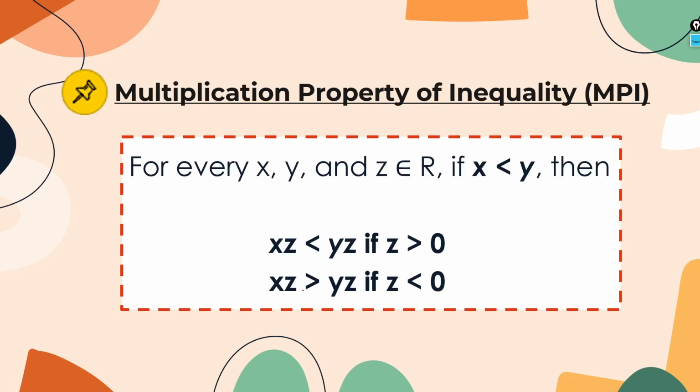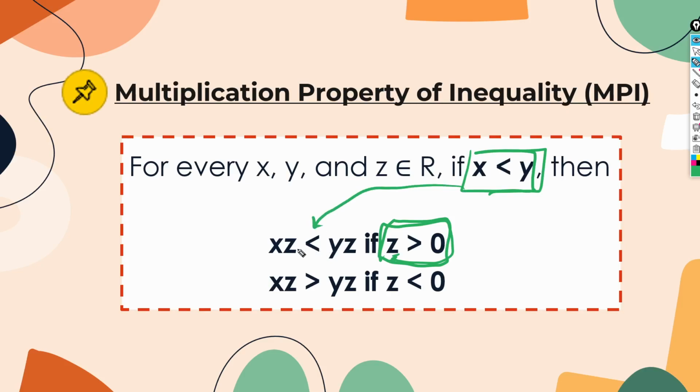If it's a positive number, no problem. No, hindi gagalaw yung inequality symbol mo. It's still the same. Much like this example, no? Look at this. If z, a multiplier, is greater than 0, meaning z is positive. Pag minultiply ko daw yon sa inequality na x is less than y, ganun pa rin yung symbol, xz is less than yz.